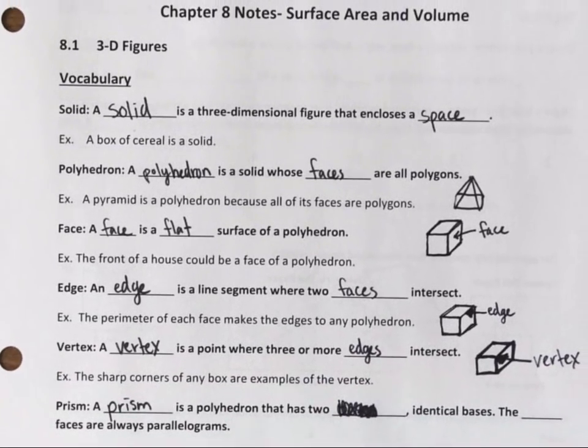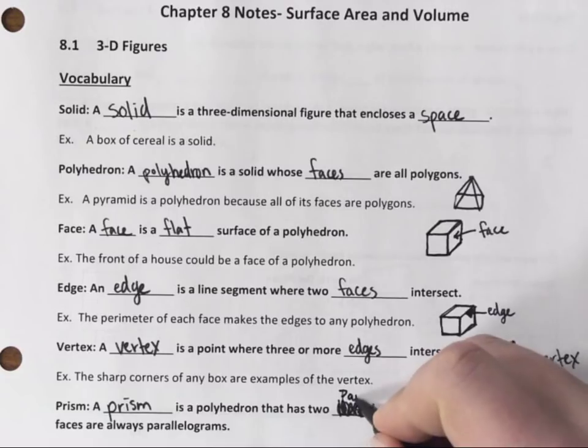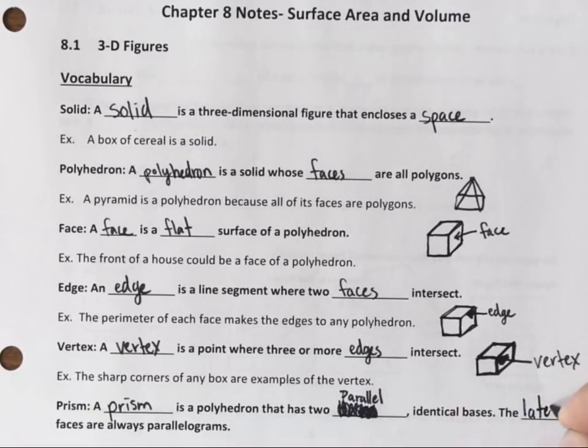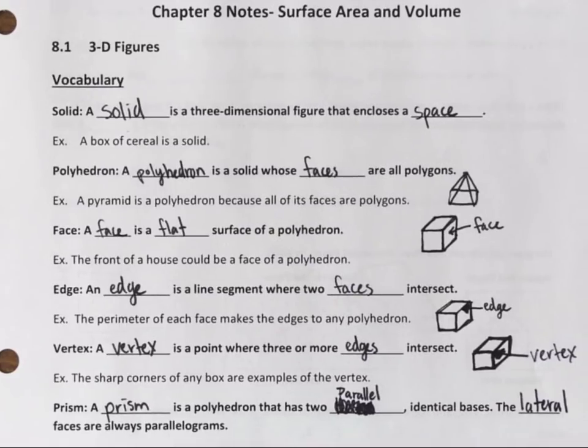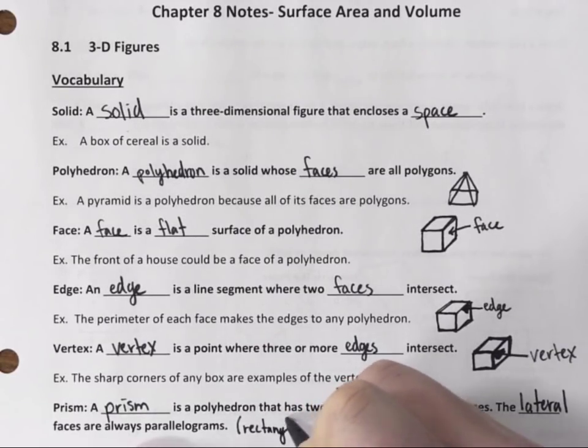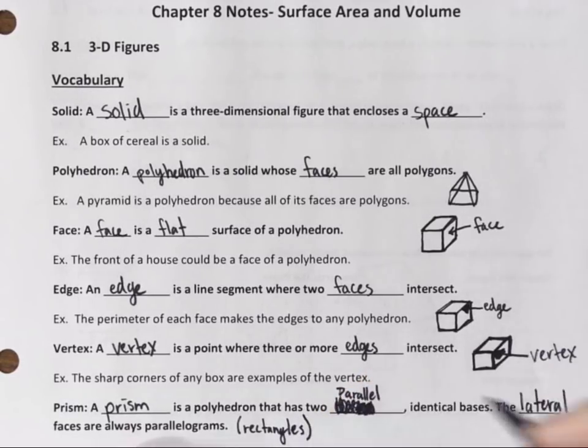Okay, a prism. A prism is a polyhedron that has two parallel, identical bases. The lateral faces are always parallelograms, or in other words, you could put in parentheses, rectangles, because we know that a rectangle is a parallelogram.